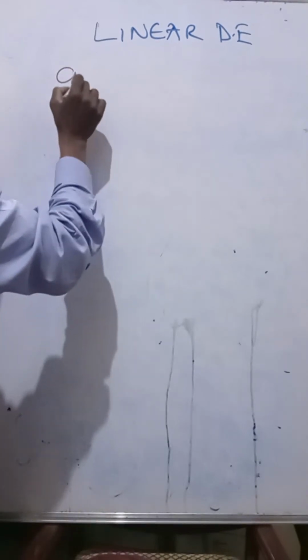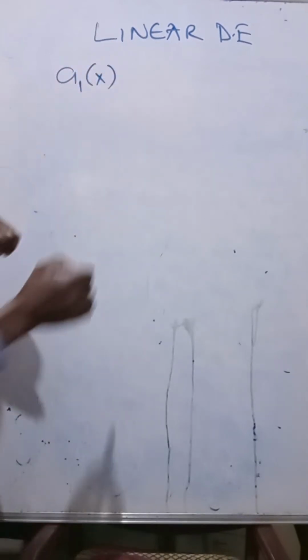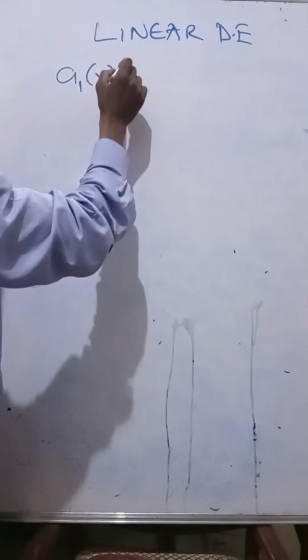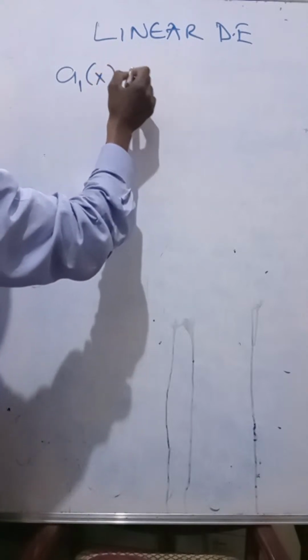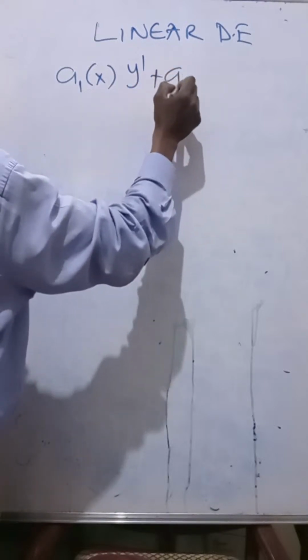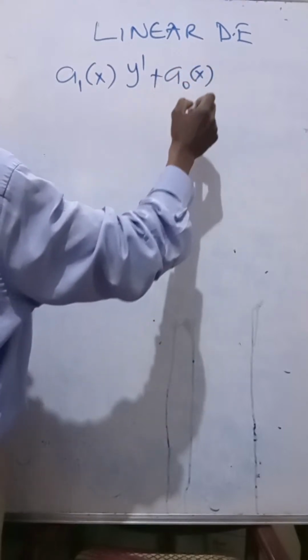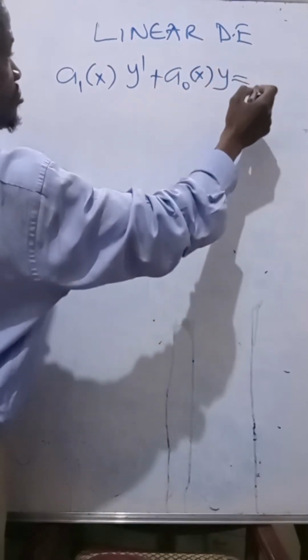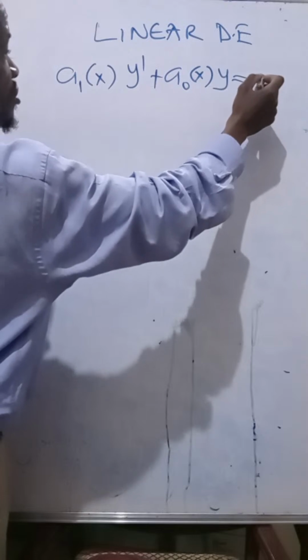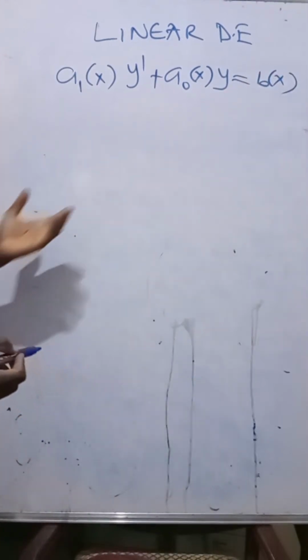It could be a subscript 1, you can use your dy dx, or I can use y prime, plus a subscript 0 as a function of x times y, equal to, let me call it b of x for now. So this is the format you are going to have.